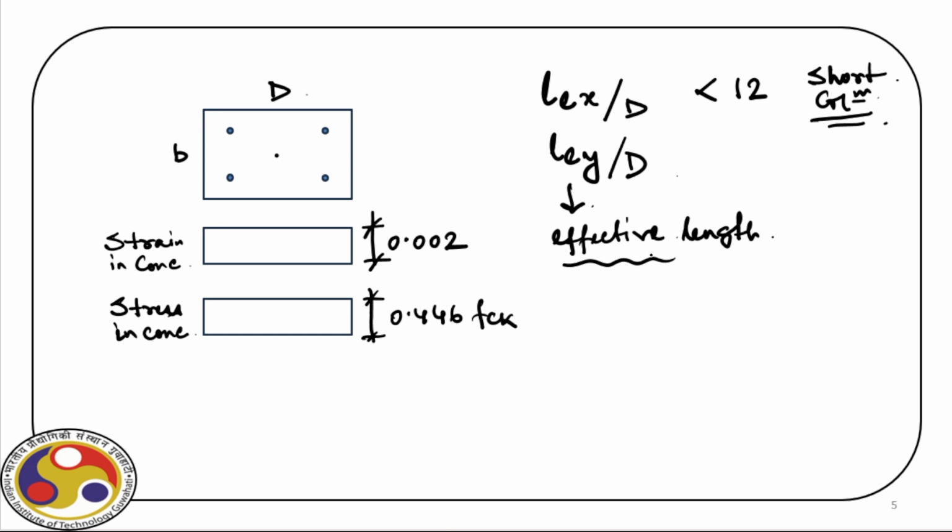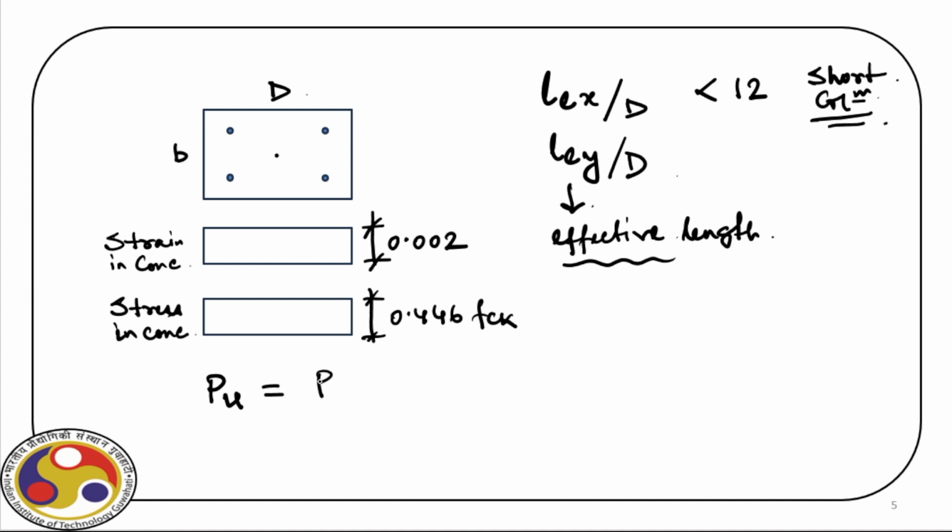But for this cross section, first thing to be noted here is the sectional capacity. So for design, we have sectional capacity PU, that is the ultimate load carrying capacity.